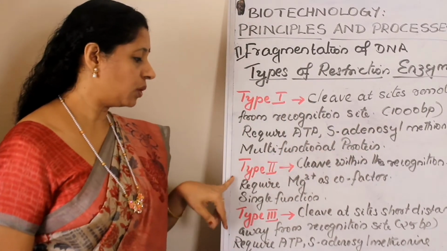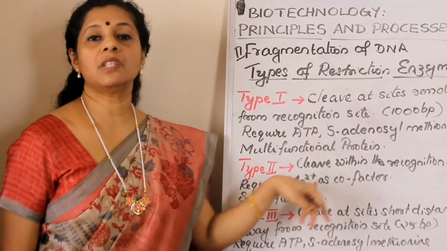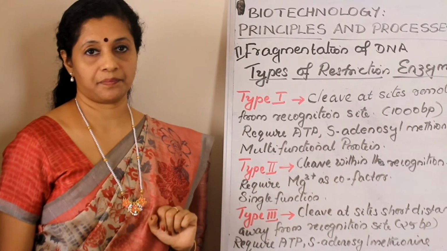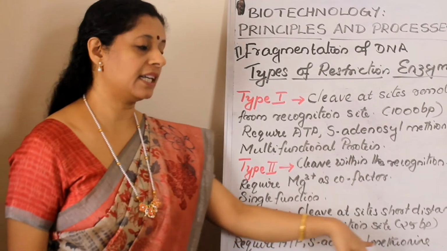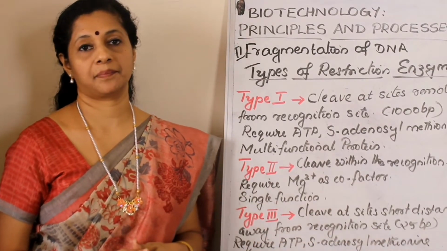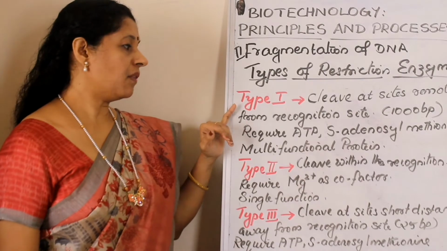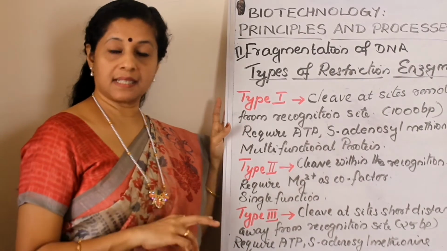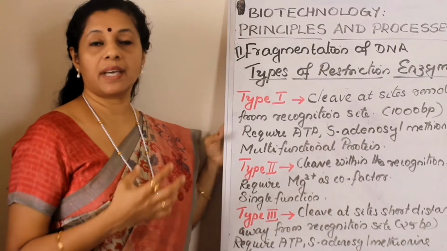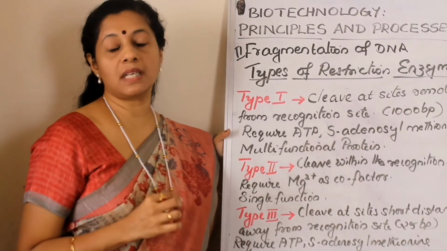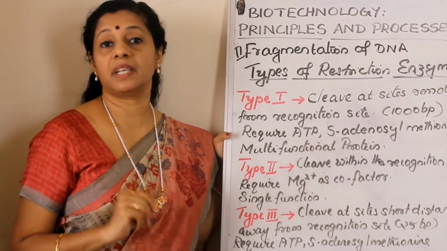Whereas type 2 requires only Mg2+ as cofactor. Again type 3 requires ATP and S-adenosyl methionine. The type 1 can do both the functions we discussed, that is methylation as well as cutting, whereas type 2 is exclusively doing only the cleavage of the DNA.